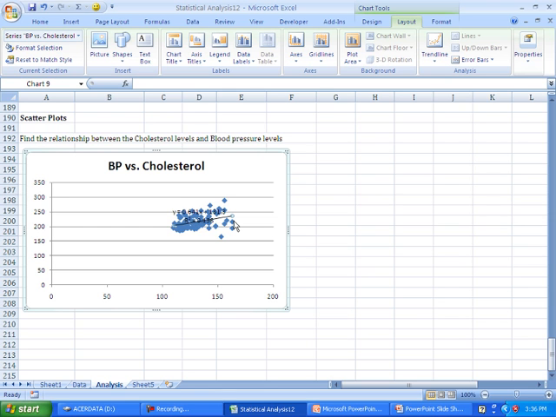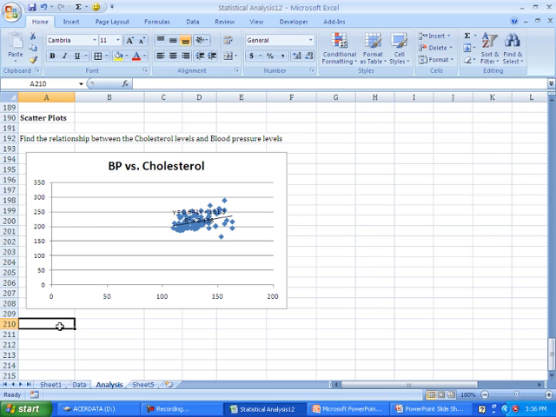The R squared, which is a measure of the strength of the relationship between the two scale variables, can be obtained through a formula called correlation. R is correlation. The square of the correlation is actually called the coefficient of determination.